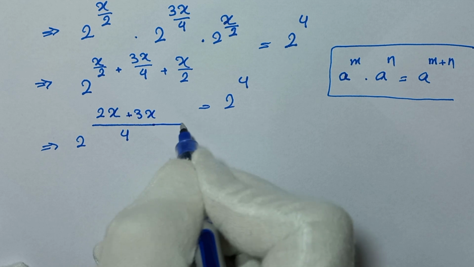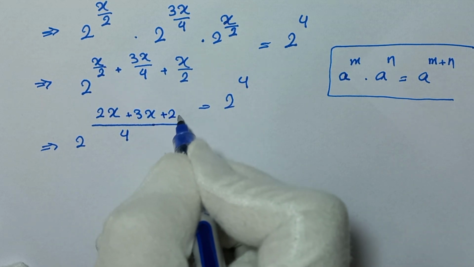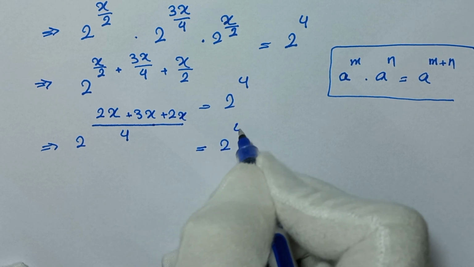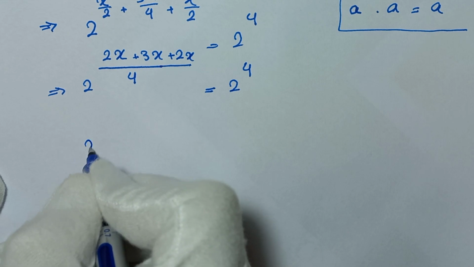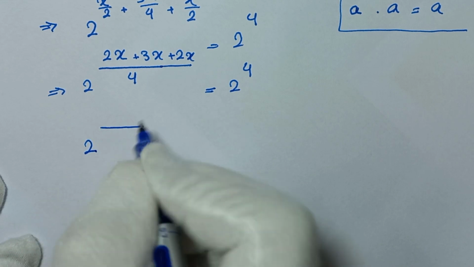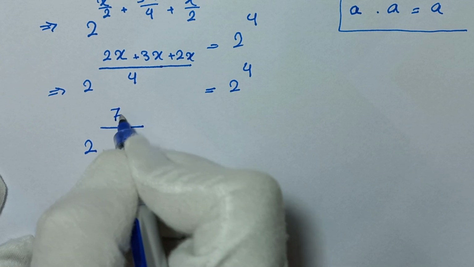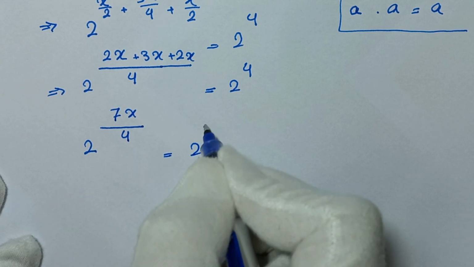Also here the denominator is multiplied by 2, so it will be 2x. This is equal to 2 to the power of 4. And it will be 2 to the power of 2x plus 3x plus 2x, which is 7x over 4, is equal to 2 to the power of 4.